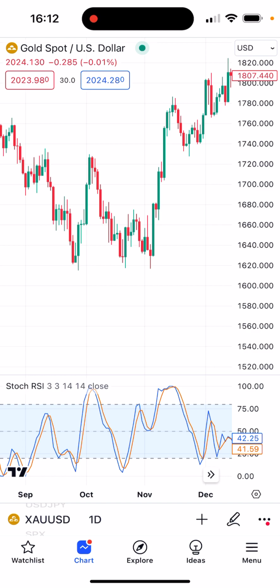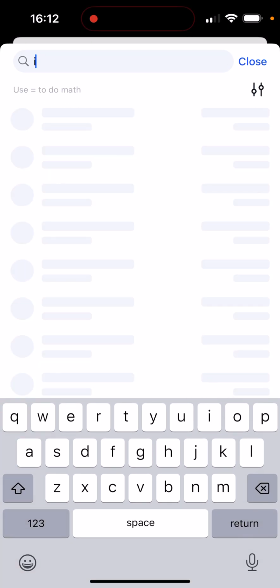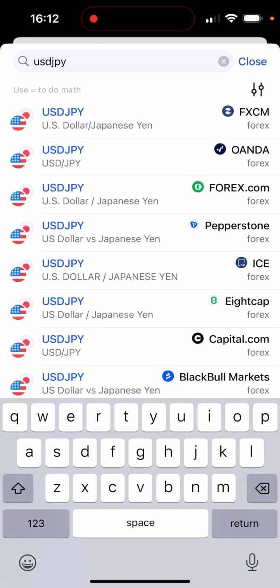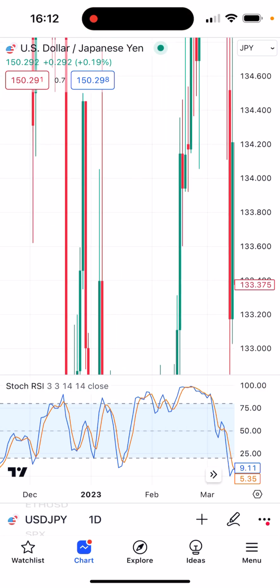So sometimes you can use that, but don't be relying on that stochastic oscillator indicator all the time.